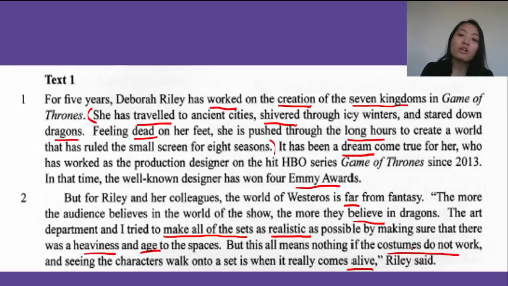So for her, what we know is that it has been a lot of hard work to make everything in the set realistic in Game of Thrones. And she believes that the costumes must be very important because they make the show come alive. So far we know that it's not been easy, but she tries to make it realistic.